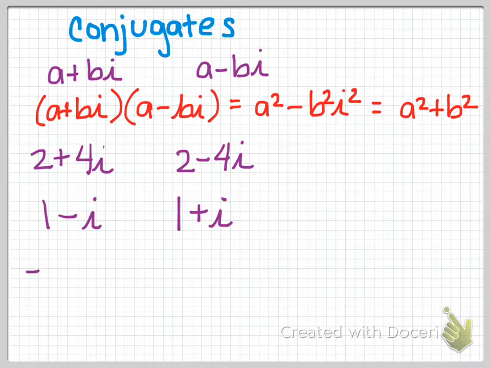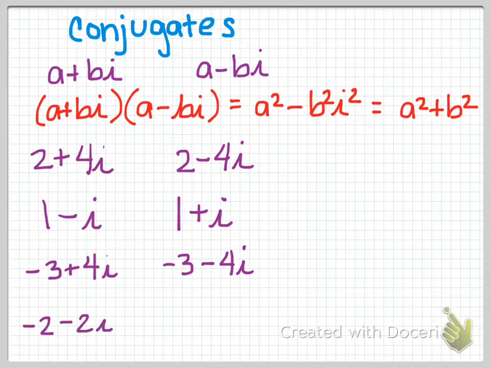How about -3 plus 4i? The conjugate of that would be -3 minus 4i. What about -2 minus 2i? The conjugate of that would be -2 plus 2i.